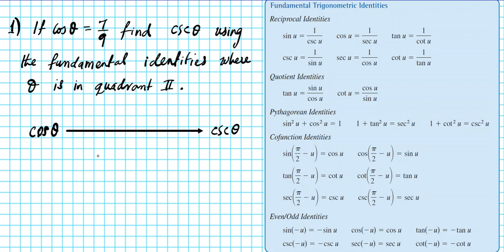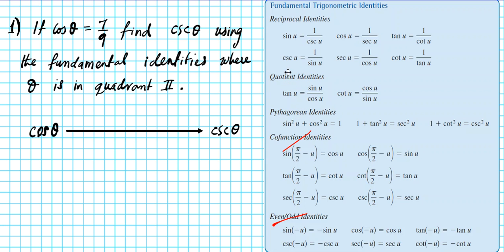Alright, so let's take a look at our identities here. We can immediately eliminate the even and odd identities and cofunction identities, since our angles are positive and we don't have any cofunctions here. We can take out the quotient identities, but let's look at reciprocal, quotient, and Pythagorean.